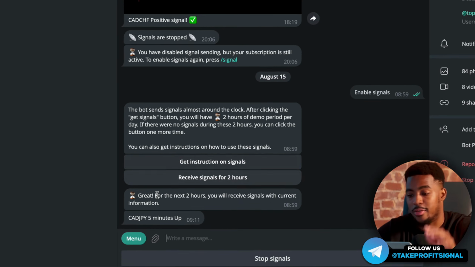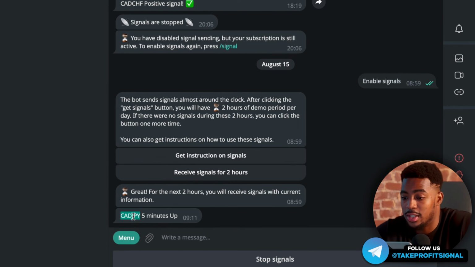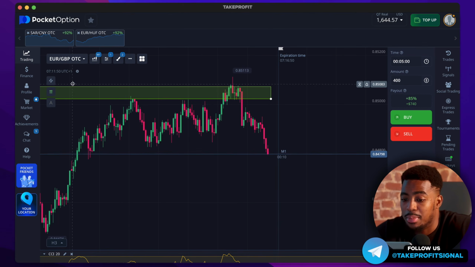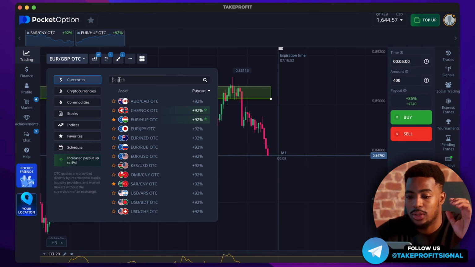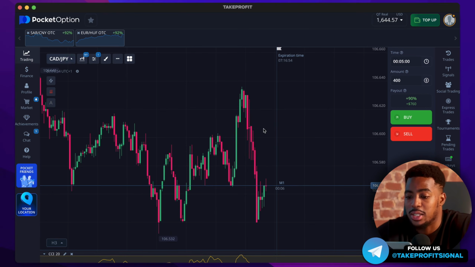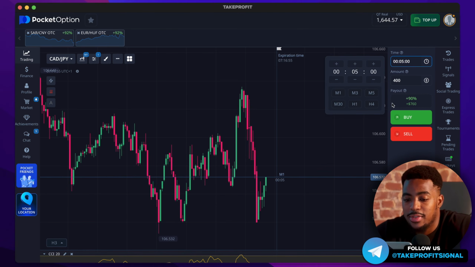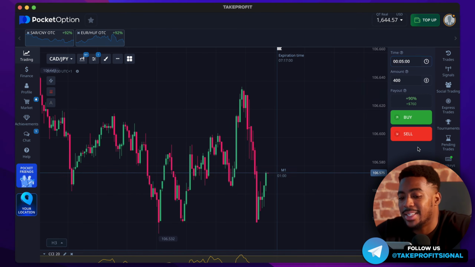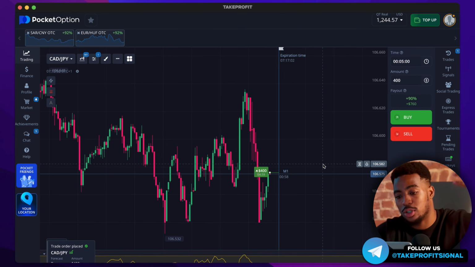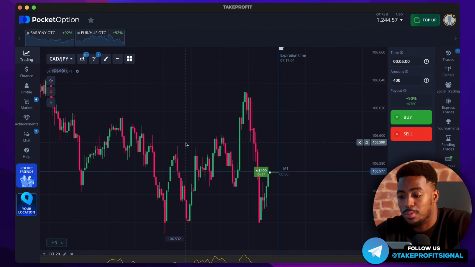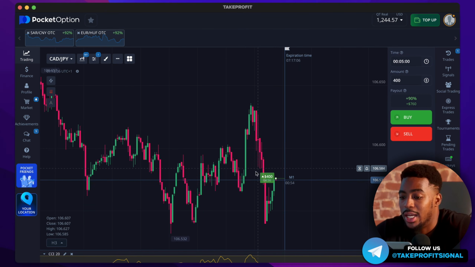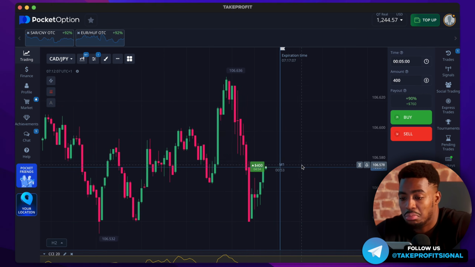Friends, nevertheless, we have received a signal. My task is simply to copy it and execute the trade on this asset as quickly as possible. The signal we received is for 5 minutes, indicating an upward movement. So I'm just opening the trade, and I don't know why exactly here and now, but that doesn't matter to me.